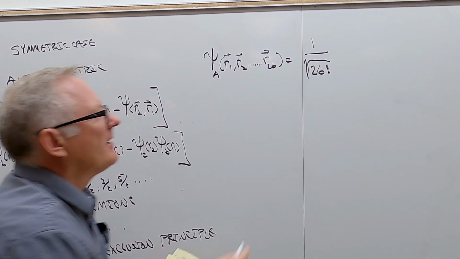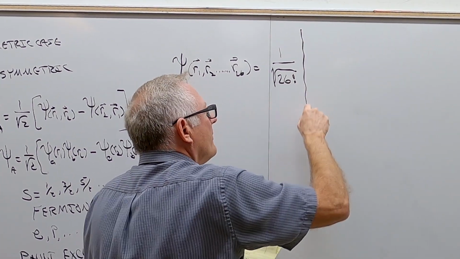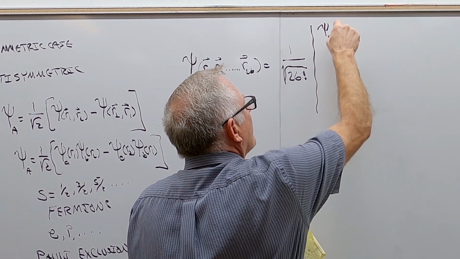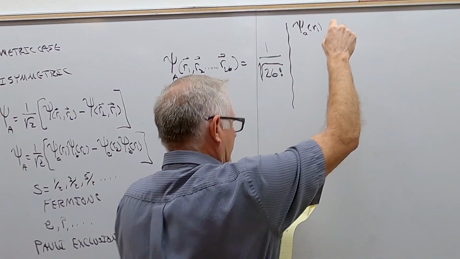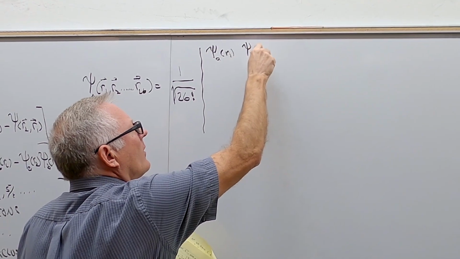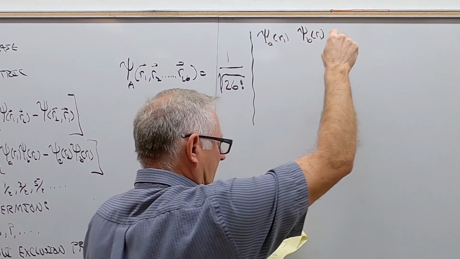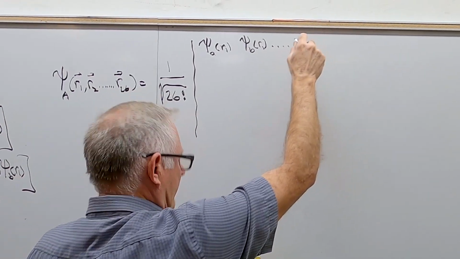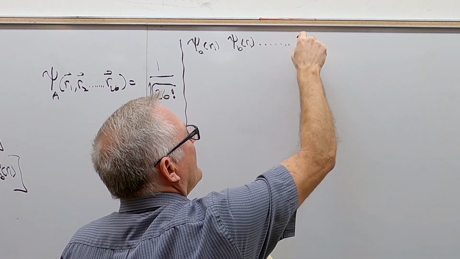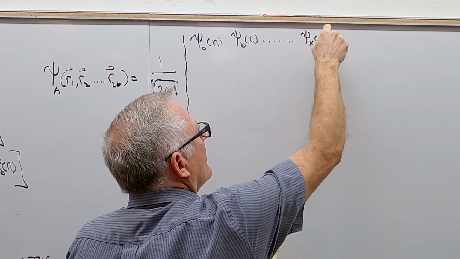And then what you need to do is you have a matrix here. It'd be psi A of R1, psi B of R1, psi C, all the way across to psi K of R1.